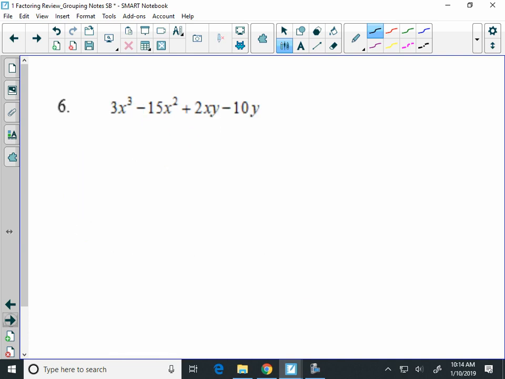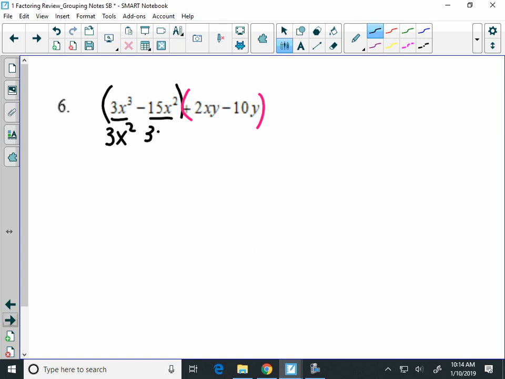All right, we have one more on our notes here. 3x cubed minus 15x squared plus 2xy minus 10y. Doesn't look like there's a GCF. They don't all have the same variables, and the numbers 3, 15, 2, 10 don't have a number that goes into all of them. So we'll start with grouping. The first group, 3x cubed minus 15x squared, looks like they both have a 3, and they both have x's.